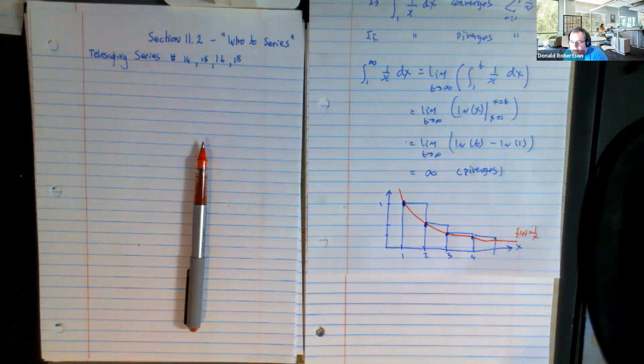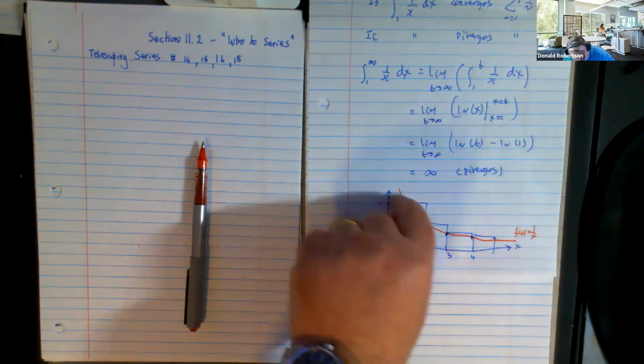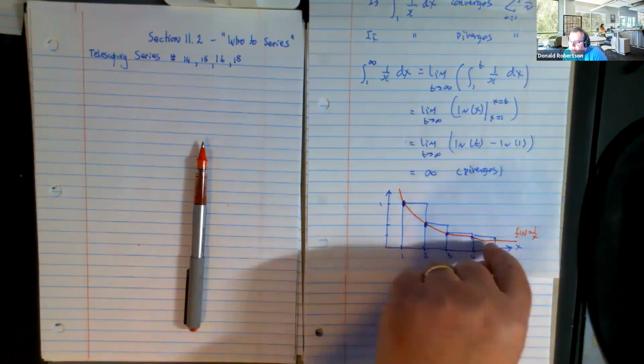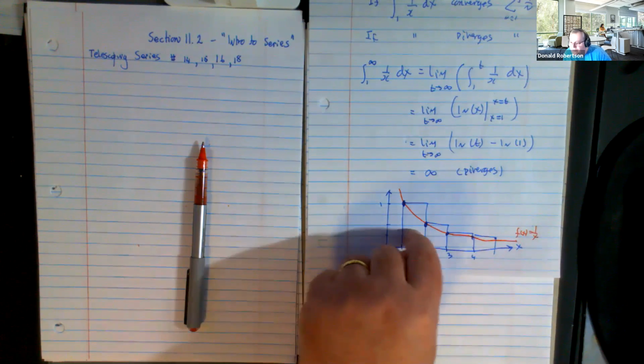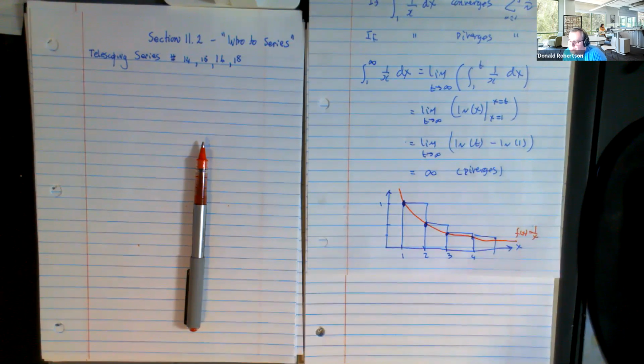Now, if the area is infinite, won't these rectangles be infinite when you add them all up? So if the area under the curve is infinitely large, won't this series, which is made up by adding these rectangles, also be infinitely large, and so it diverges?